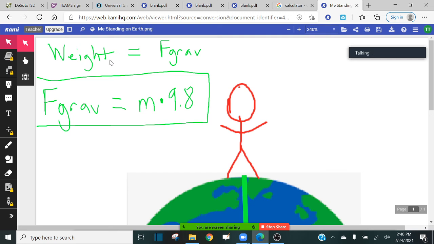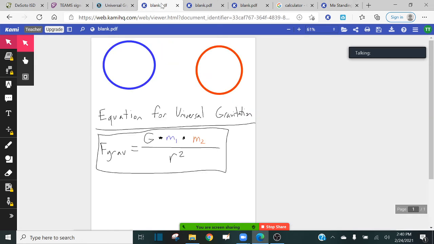However, this equation for the force of gravity only works here on Earth. When you're not on Earth, you need to use the universal equation for gravity, which is this equation here, right? Because if you know the force of gravity, you know the weight of the object. So this is the equation you're going to use to find the object's weight.